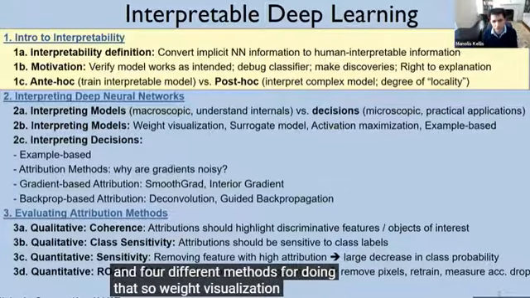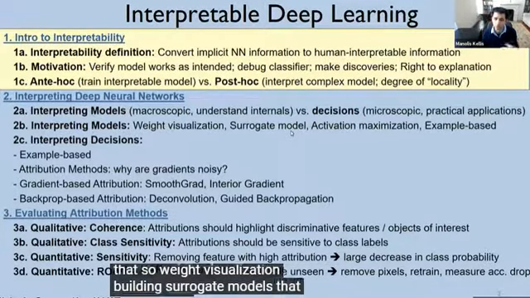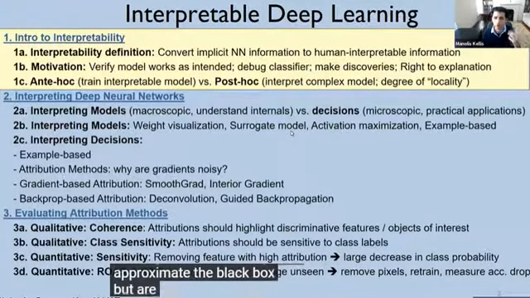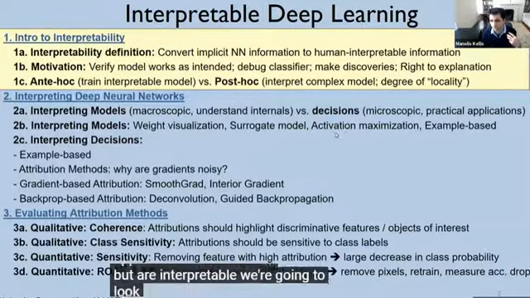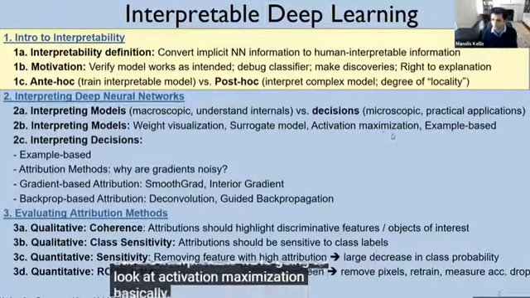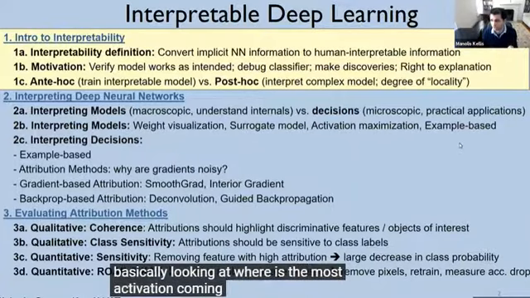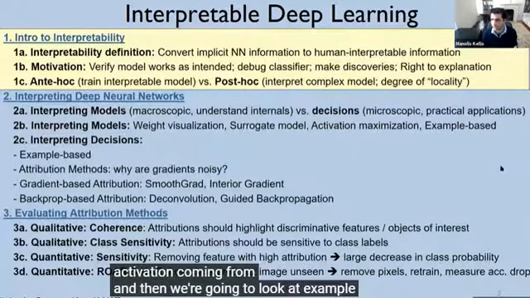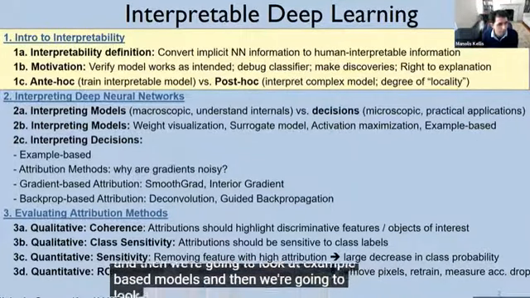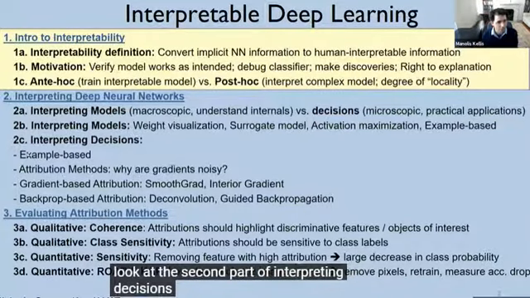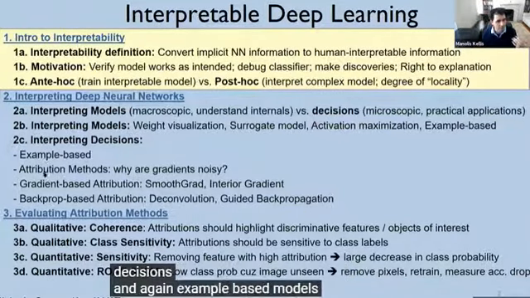So weight visualization, building surrogate models that approximate the black box but are interpretable. We're going to look at activation maximization, basically looking at where is the most activation coming from. And then we're going to look at example-based models. And then we're going to look at the second part of interpreting decisions. And again, example-based models, attribution methods.